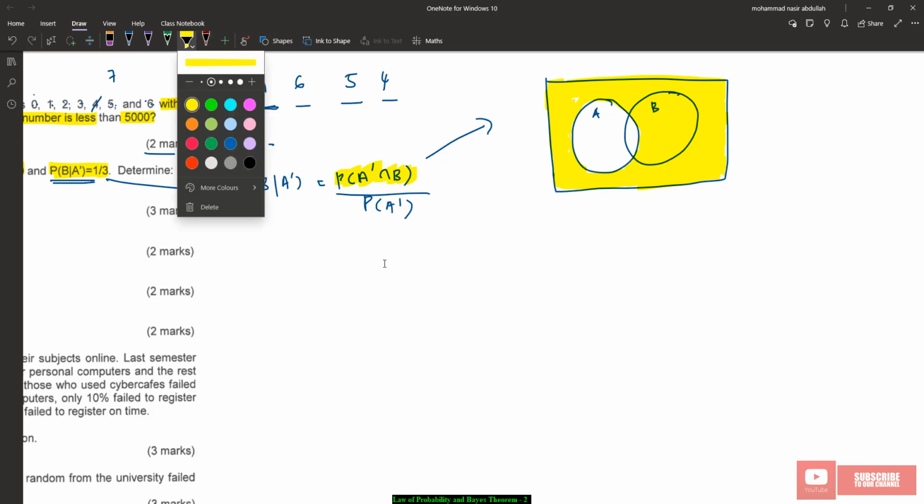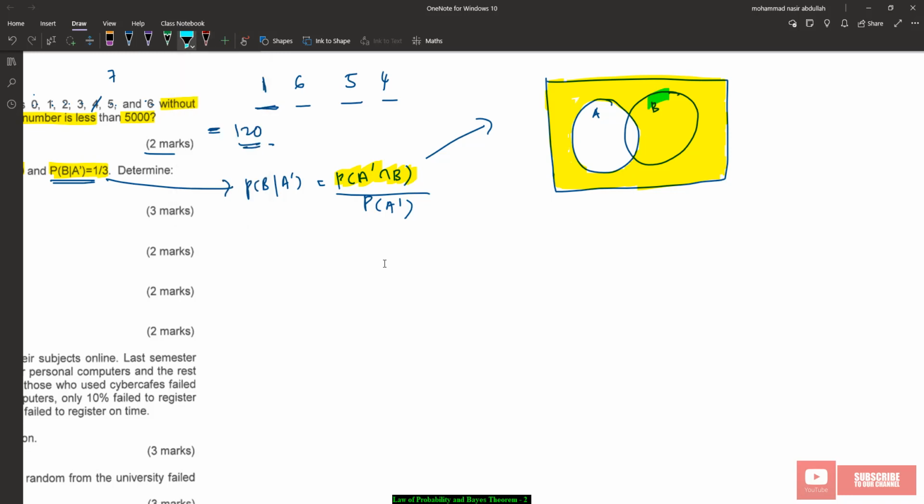So intersect with B. Where is B? This is B. A complement intersect with B. The whole circle here is B. So you notice the different colors. You understand the concept of color, blue plus yellow should be equal to green.